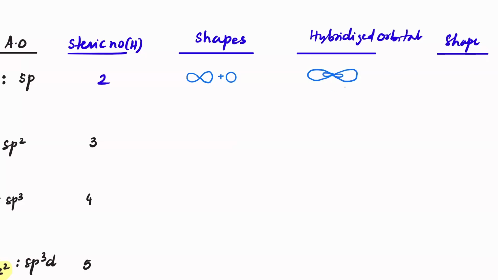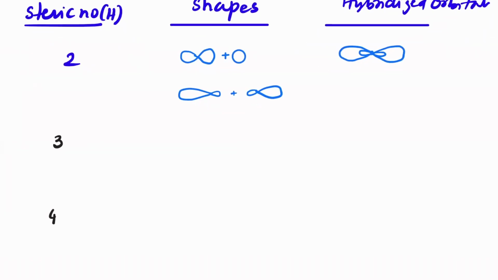So basically, after mixing, one lobe is forming, and this is the second lobe which is forming. If you mix these two with each other like this, this is what is formed. This is the new set of hybridized orbitals.